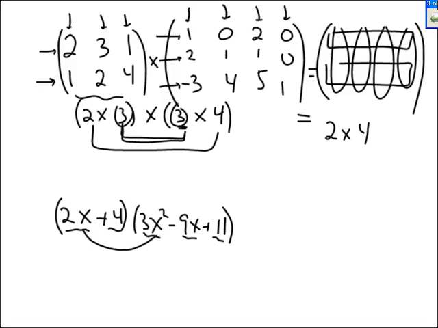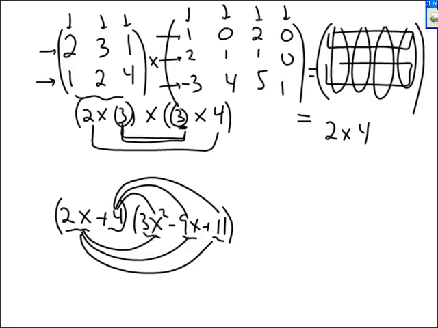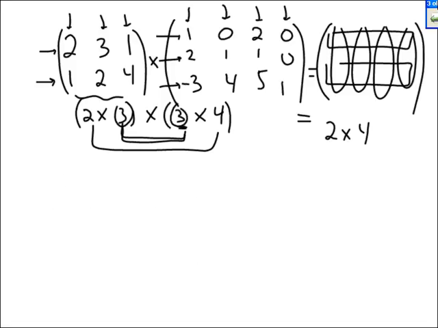You need to multiply the first term in the first by each term in the second, and the second term in the first by each term in the second. But now, instead of saying terms, I'm going to say rows and columns. I'm going to dot the first row with each of the columns.